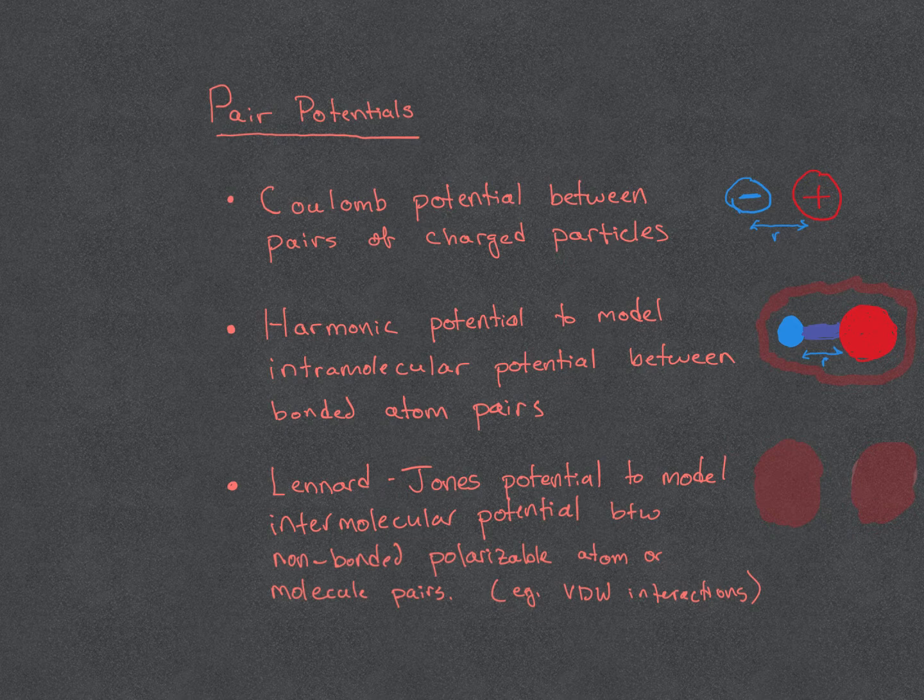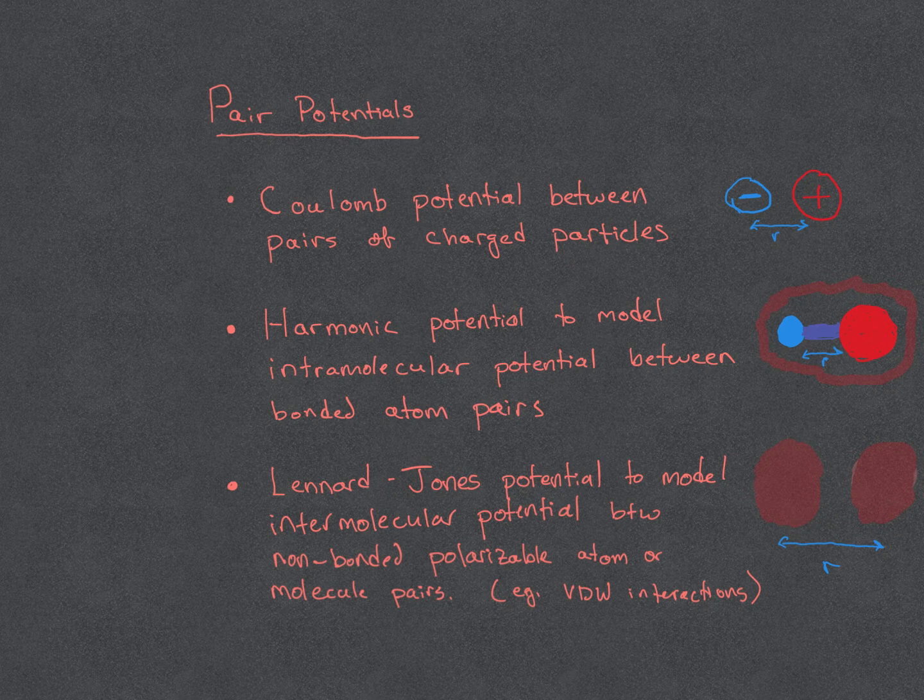And then finally, we'll talk about the Lennard-Jones potential, which we use to model the intermolecular potential between two non-bonded polarizable atoms or molecules. And again, there's a separation between those atoms, which we'll call R. You could think about, for example, the noble gases, which are really good examples of atoms that are polarizable but don't really participate in bonding. You could have, for example, two helium atoms separated by some separation R, or argon atoms separated by some separation R, and so on.